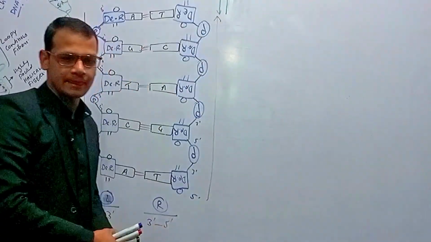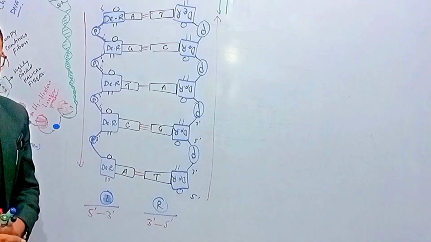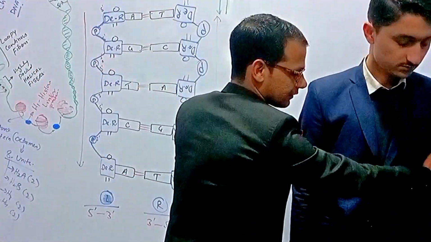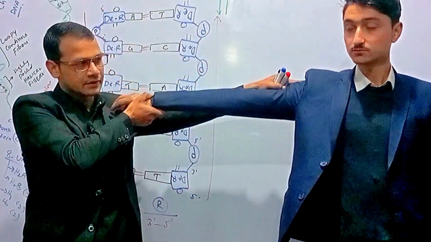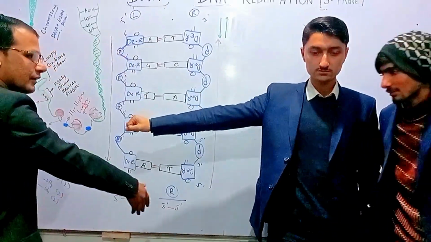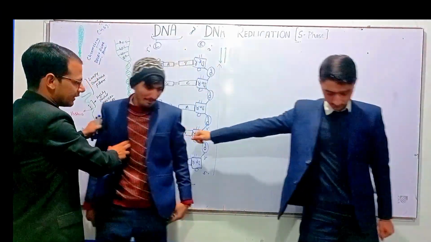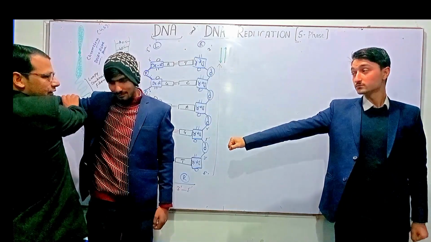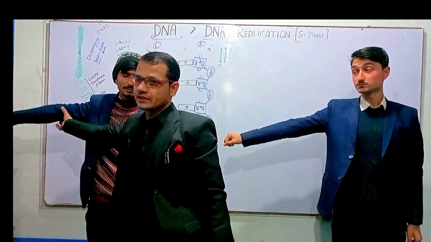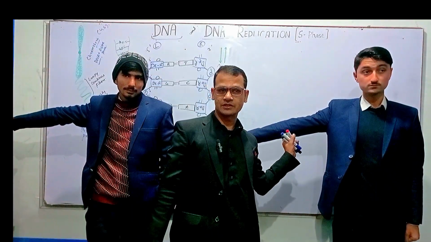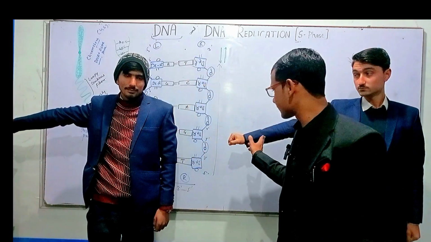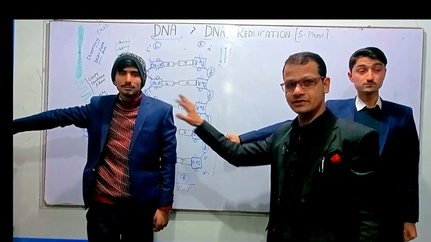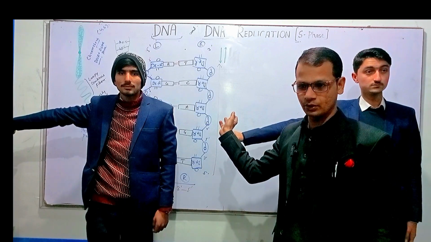For example, this is one nitrogenous base, nucleotide, and this is another. This is the nitrogenous base, and this is nitrogenous base. Can these nitrogenous bases make bonds in this way? No.